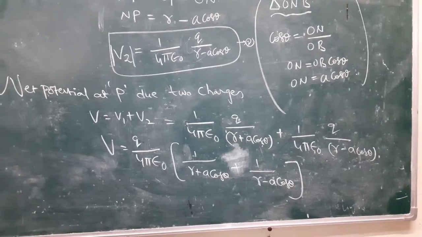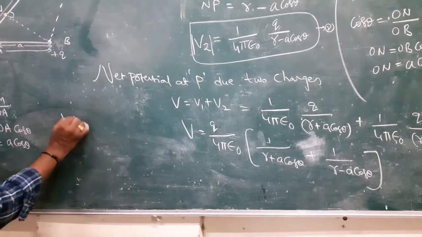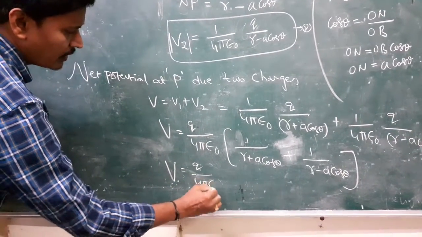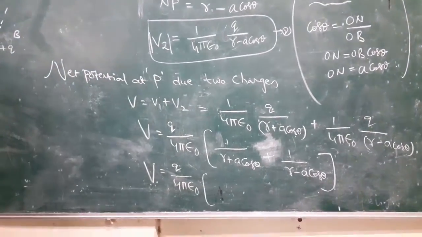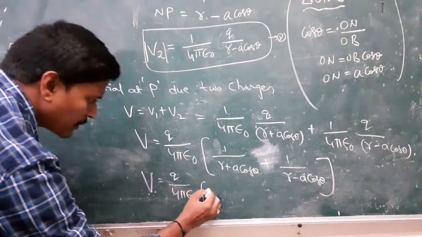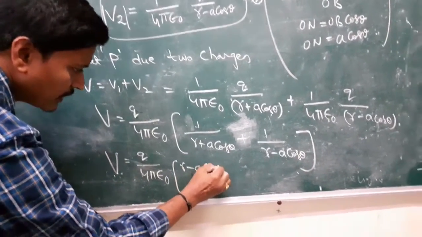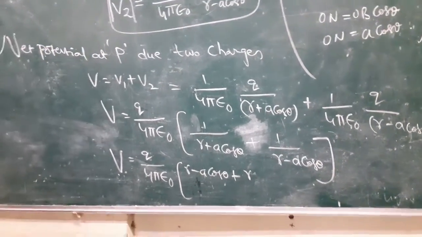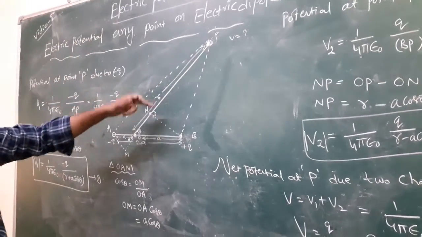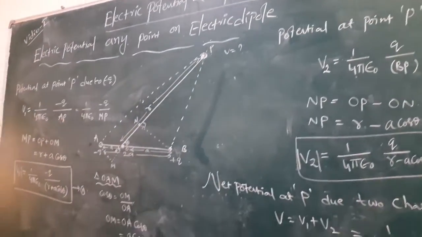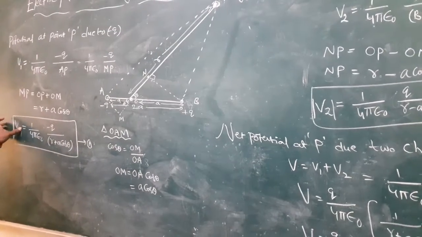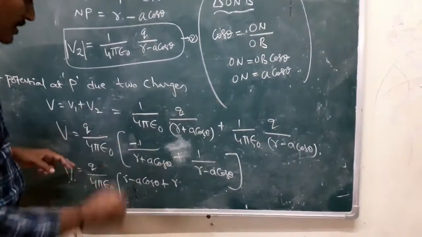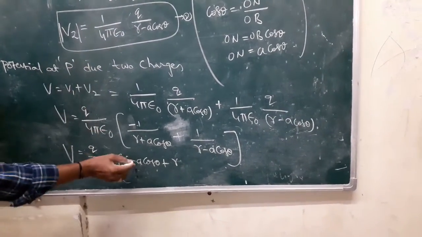So V is equal to Q by 4 pi epsilon naught. Potential is a scalar quantity, so the minus sign we can take as it is, no problem.